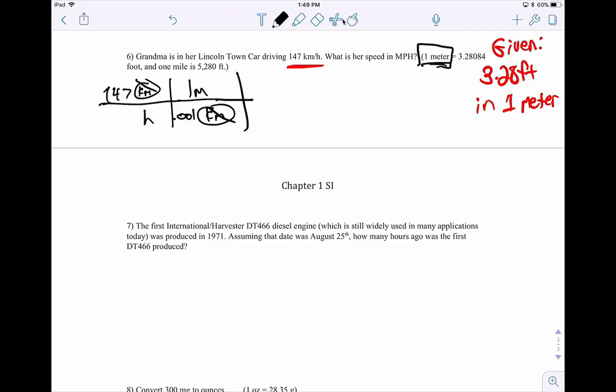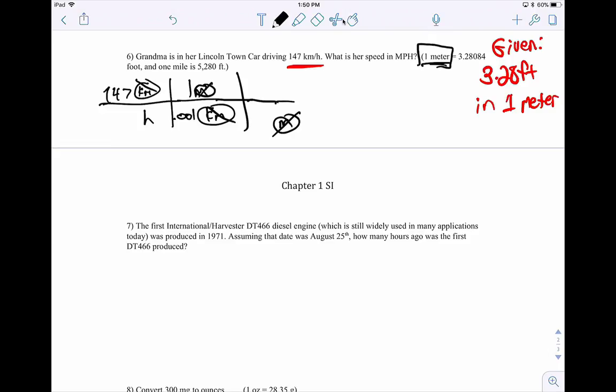Let's move to the next step because we're not done. Meters is still nowhere in the final answer. Notice capital M is miles, lowercase m is meters. How do we get the meter out? It's in the numerator, so let's put it in the denominator. Automatically it's canceled.